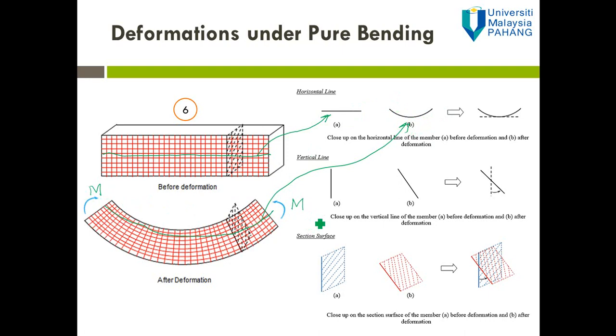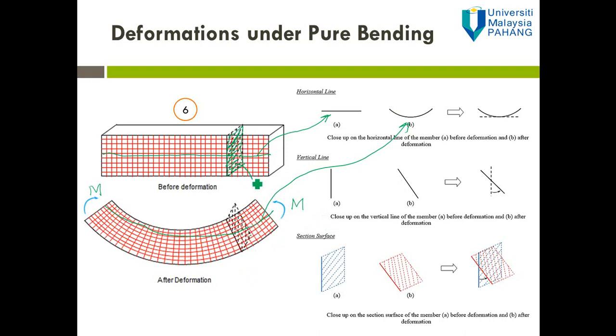Also what we can observe from the beam is the vertical plane. Here, this vertical plane, after deformation will rotate with a certain angle.